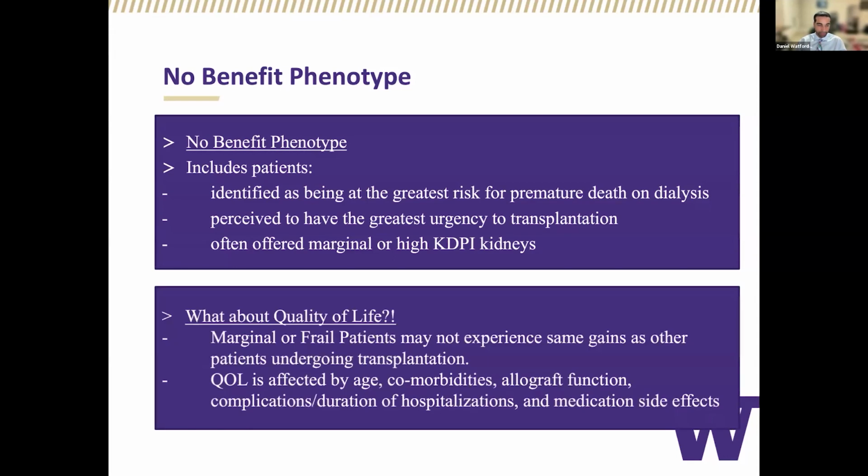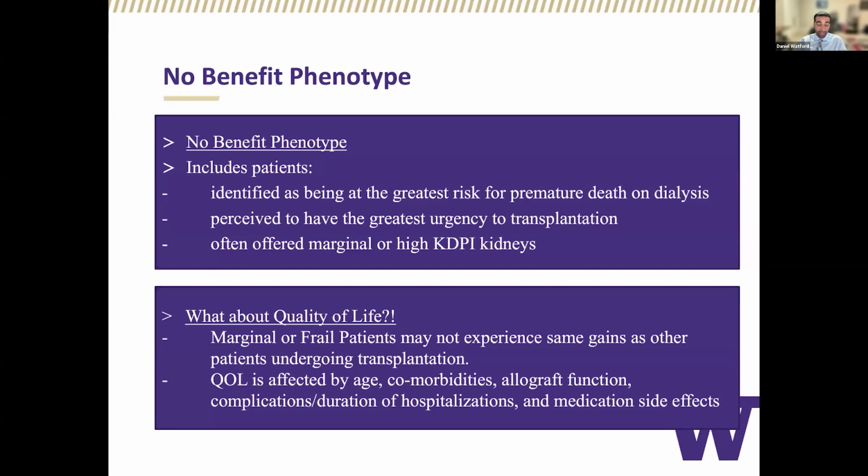And I think it's important to also remember that quality of life is an important factor that we must take into account as well. And marginal or more frail patients may not experience some of the same gains as other patients who are undergoing transplantation.